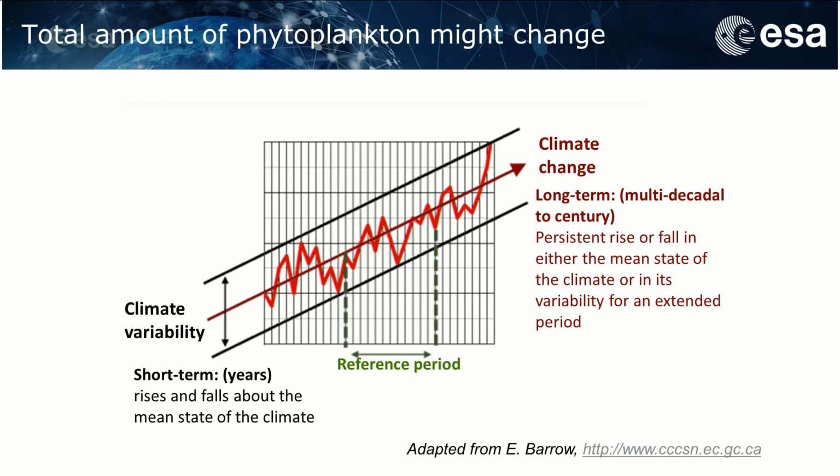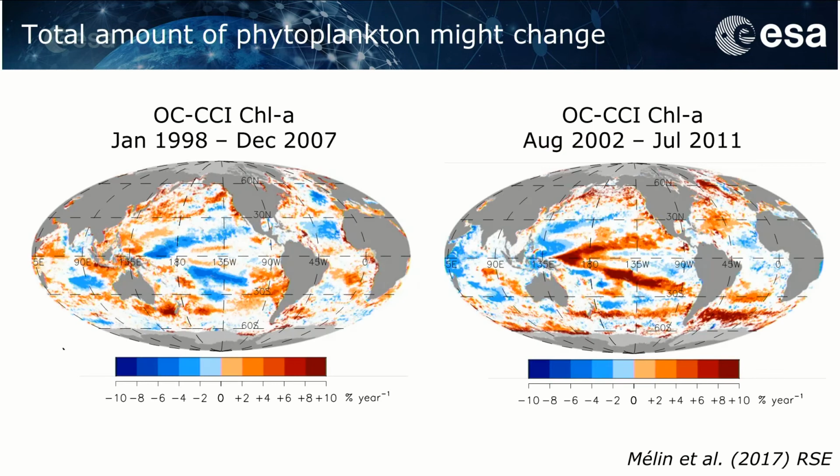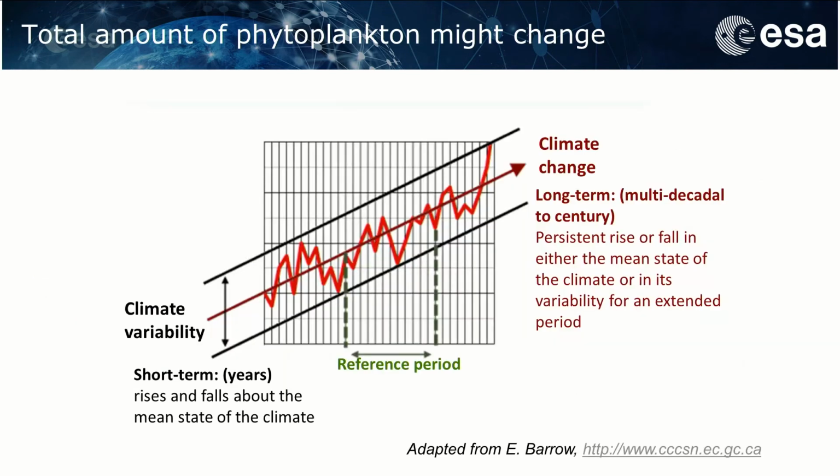So we're clearly down in here at the moment with these comparisons. We're observing short-term climate variability related to things like the El Niño, La Niña Southern Oscillation, as I'll discuss in a bit.